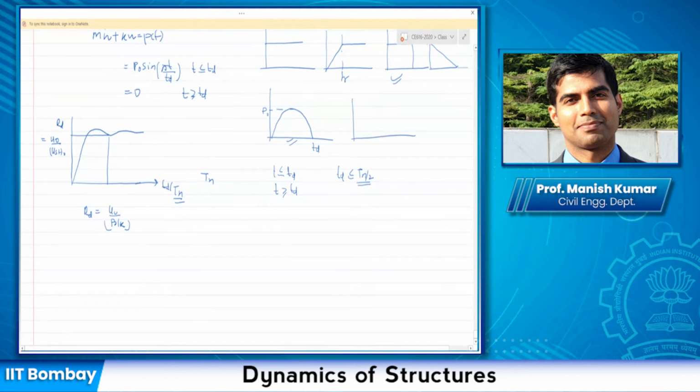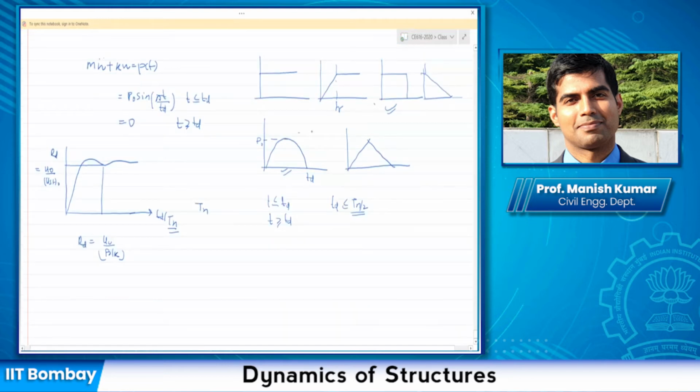You could also have a triangular pulse like this, not like this. For these three cases, Tn by 2 is the value. If Td is smaller than Tn by 2, then peak response occurs during the free vibration phase.